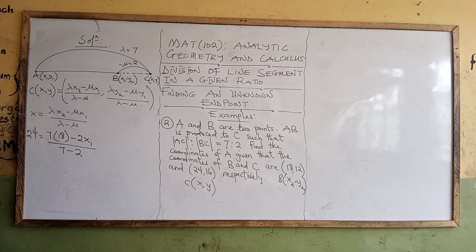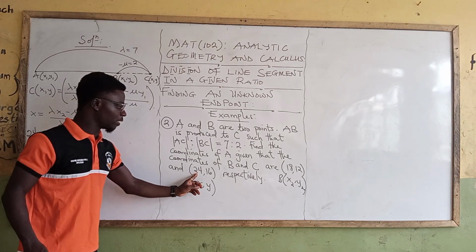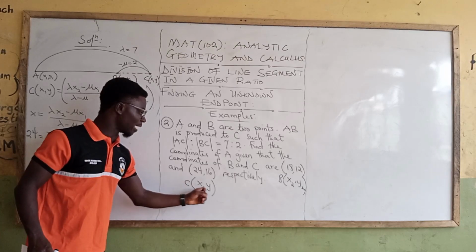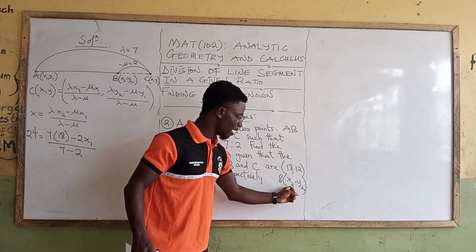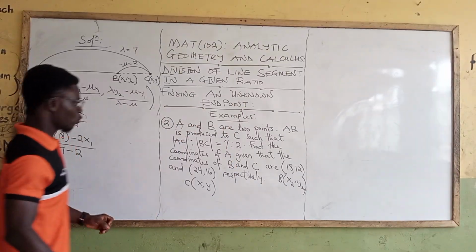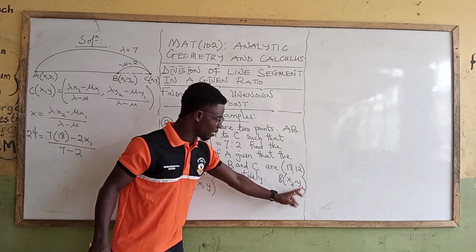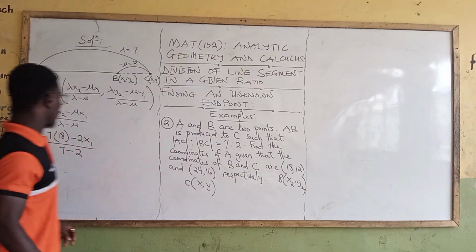Right? So don't forget our point C, xy. Point X, I told you that this is point X. Point Y, this one is external division. So point X is 24, which is C, point C, XY. Then point B, X2, Y2. So my X2 is 18, then my Y2 is 12, right?